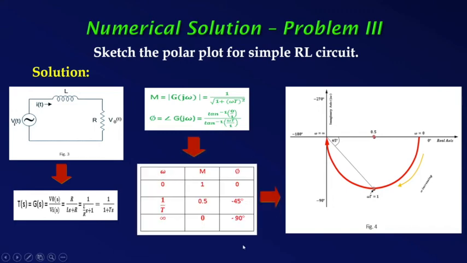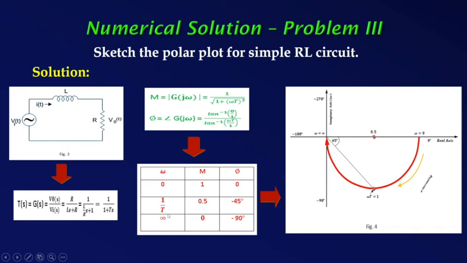Then taking the table, when omega equal to 0, the starting point, the magnitude is 1 and the phase angle is 0.